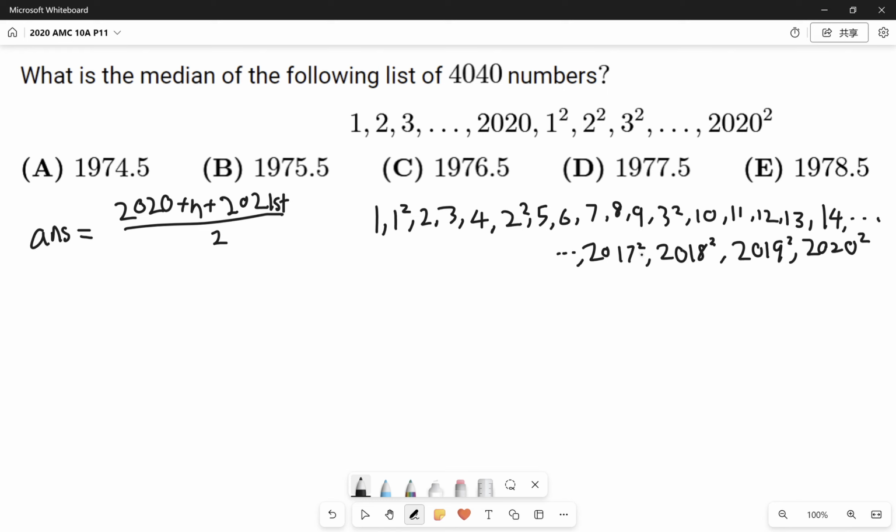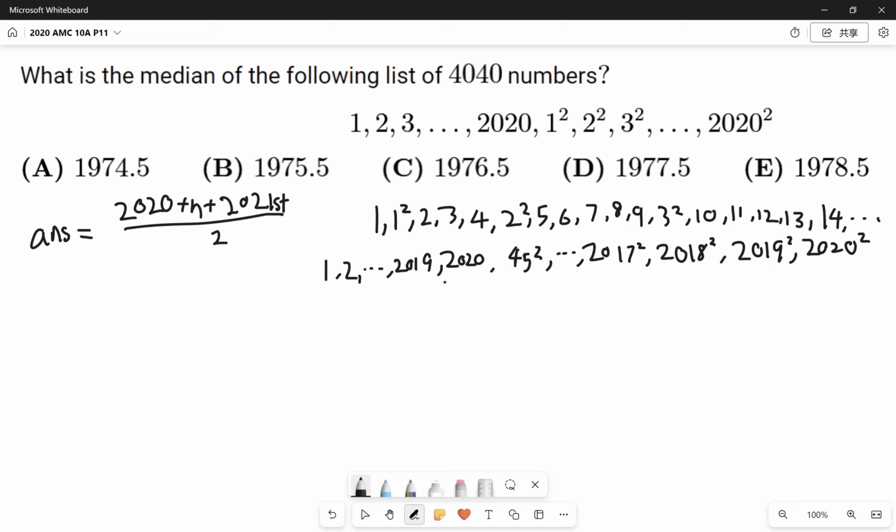So the first certain amount of numbers are square numbers. How many numbers, counting from the 4040th number, are square numbers? We realize that 45 squared is the last square number that is larger than 2020, because 45 squared is 2025. So the next number after 45 squared will be 2020, then 2019, etc., until 1, right?